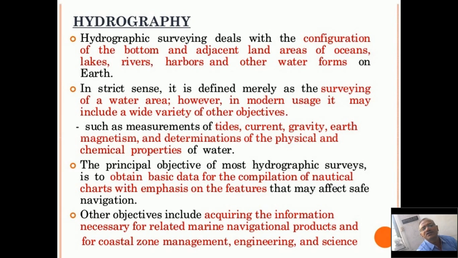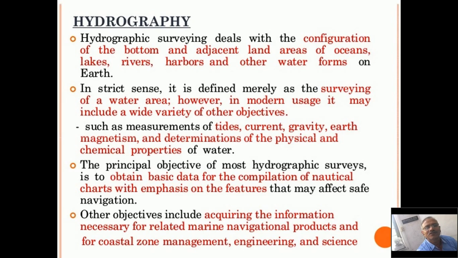The different objectives are such as measurement of tides, current, gravity, earth magnetism, and determination of the physical and chemical properties of water. The principal objective of most hydrographic surveys is to obtain basic data for the compilation of nautical charts with emphasis on the features that may affect the safe navigation.